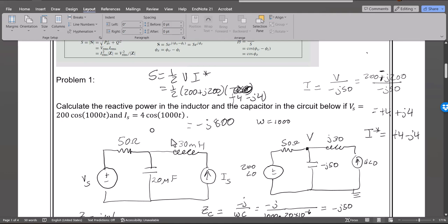So the reactive power for the capacitor is just minus 800. And is that VA or VAR? I think the reactive power is VAR. So minus 800 VAR.